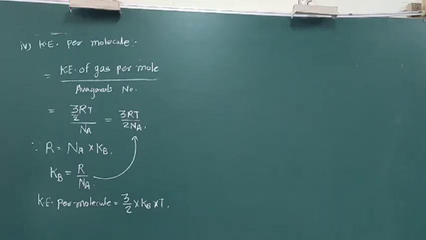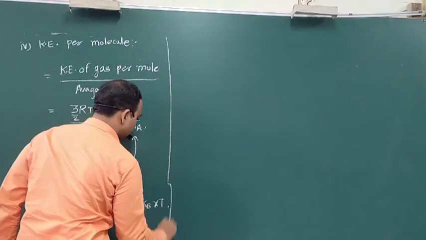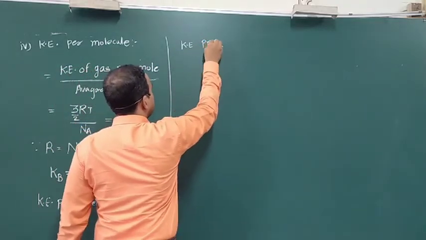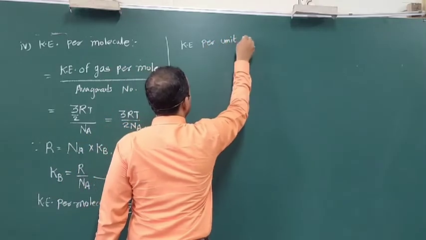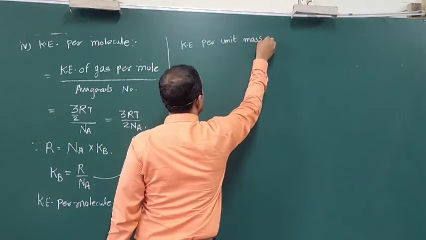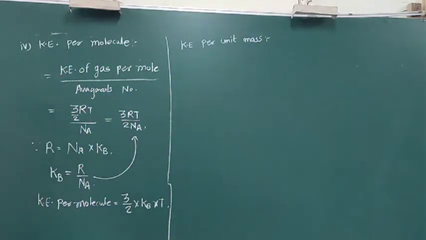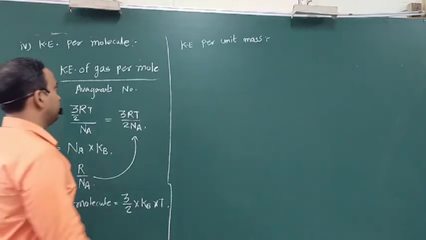Now next one, that is kinetic energy per unit mass. This kinetic energy per unit mass can be calculated by the formula kinetic energy per mole divided by molecular weight.